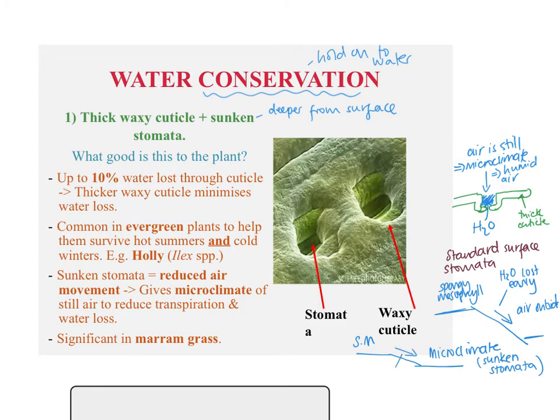And in doing that, it means that water is lost less easily. Okay, the diffusion gradient isn't as steep, the water loss doesn't happen as quickly or as excessively as when the stomata aren't sunken. Okay, so this is only in those xerophytes, the dry conditions. Please remember that.